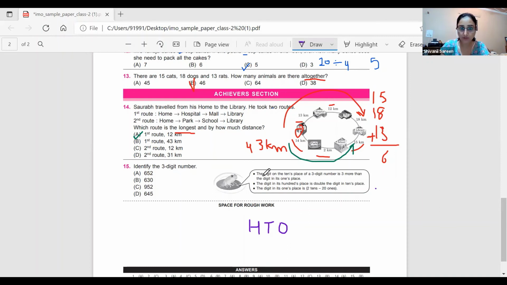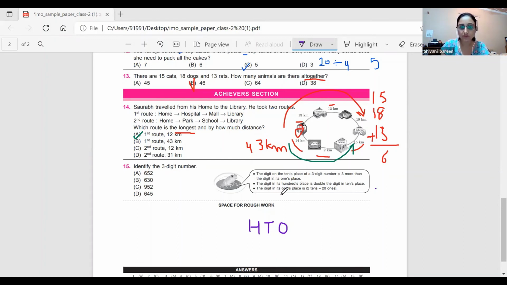So read it carefully. That means the number that comes here is 3 more than the ones place. For example, if it is 1, it would be 4. If it is 2, it would be 5, like that.